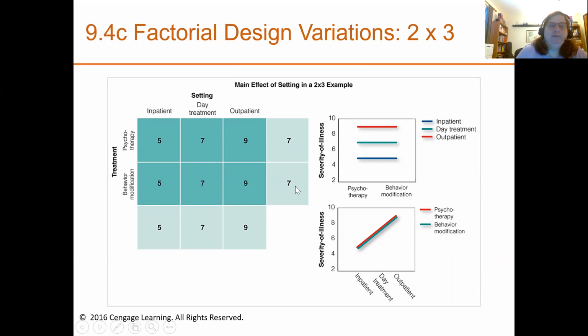Those 2 came out the same. However, there is an important difference between inpatient, day treatment, and outpatient in terms of the severity of illness. And you can see that across these lines right here. No interaction for this one. This is a straight main effect.